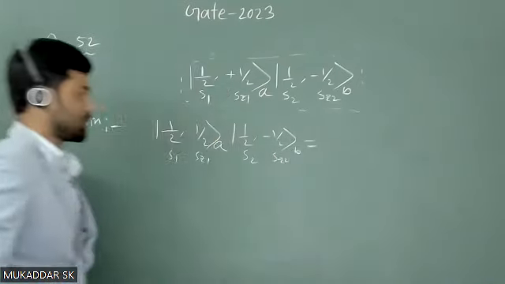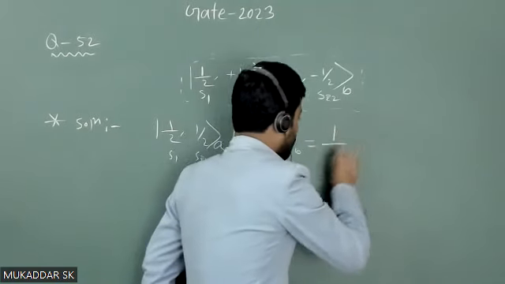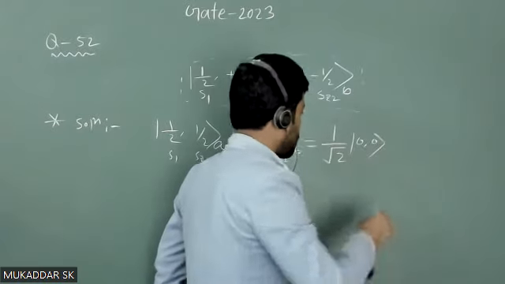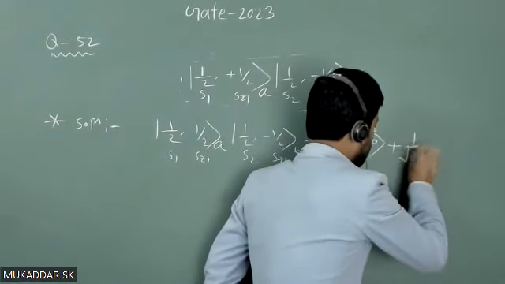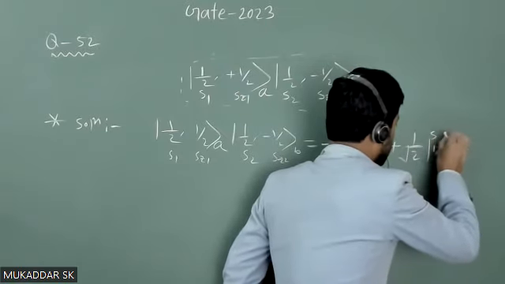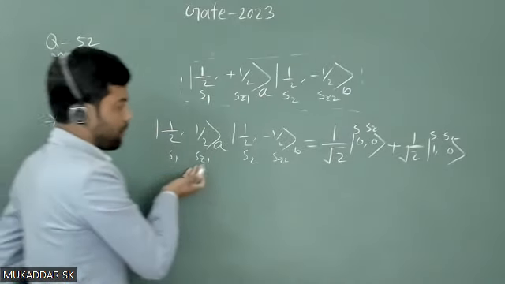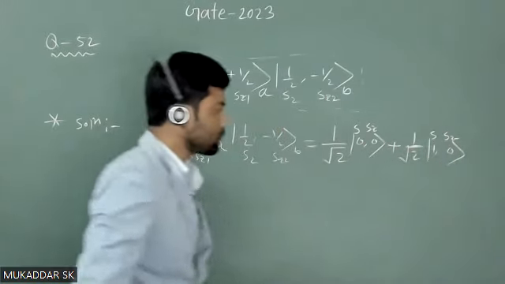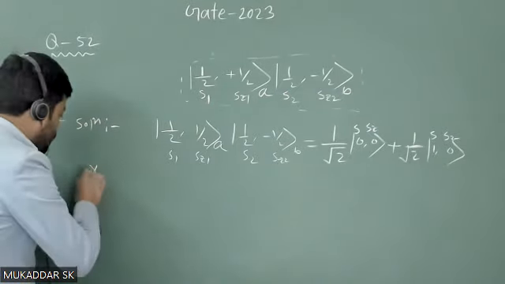If I calculate that CG coefficient, I'll get 1 by root 2 for net spin 0 and net SZ 0, and 1 by root 2 for net spin 1 and net SZ 0. So this state is a superposition of two states having net spin 0 and net spin 1 with equal probability.